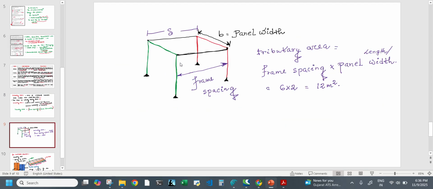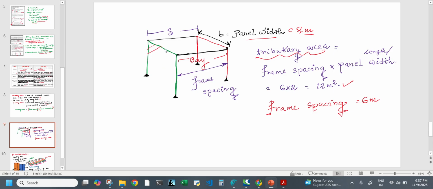Suppose there is a framework and this is the bay, that means the frame to frame distance, and b is the panel width. If the panel width is 2 meter and the frame spacing is 6 meter, then we can get the tributary area.